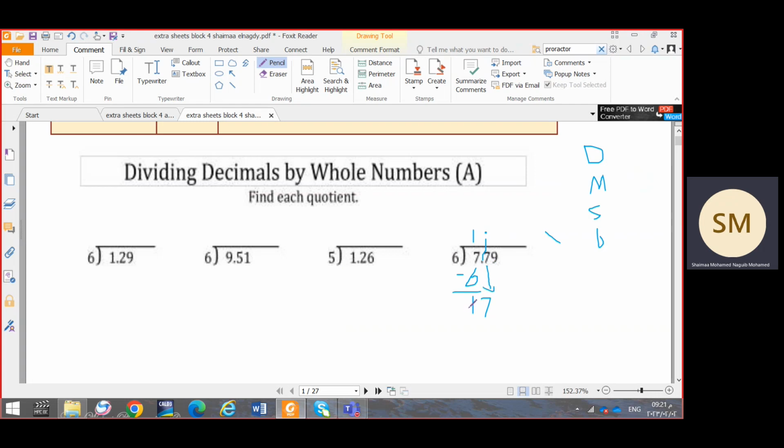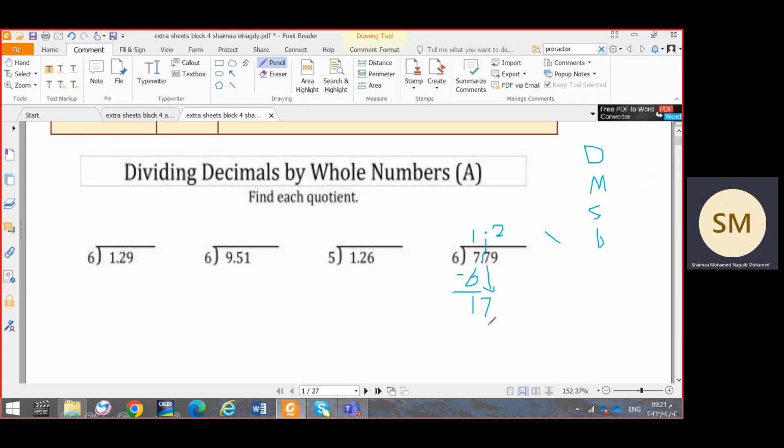It becomes 17. 17 divided by 6, how many 6 in 17? You will go to the timetable of 6. You will take 3? No, because 3 multiplied by 6 is 18, and it's more than 17.